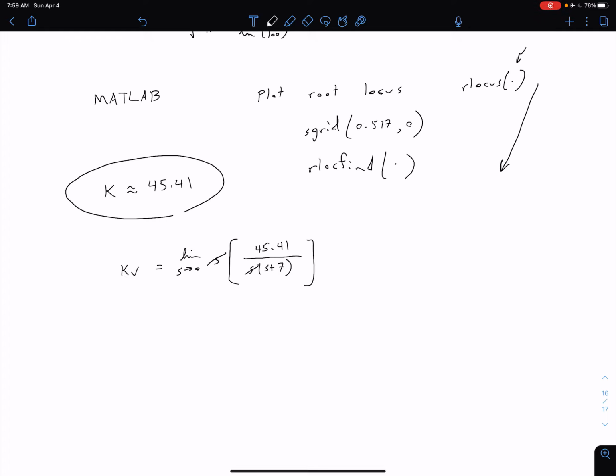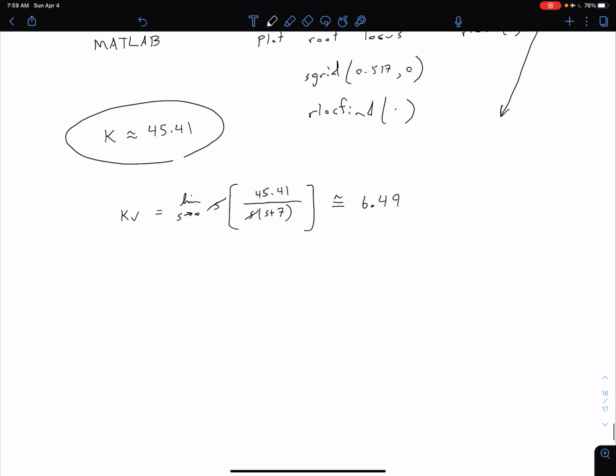The limit as s goes to 0 is just going to leave us with 45.41 divided by 7, which is approximately 6.49. Then as we said above, we can find our steady state error, and let's call this the steady state error with no compensation. It is going to be approximately 1 divided by that 6.49, which gives us approximately 0.154.